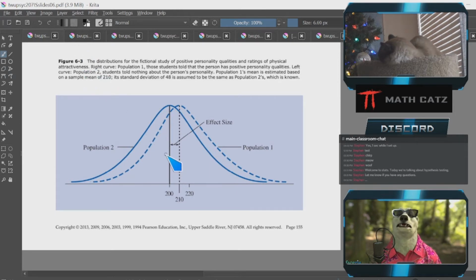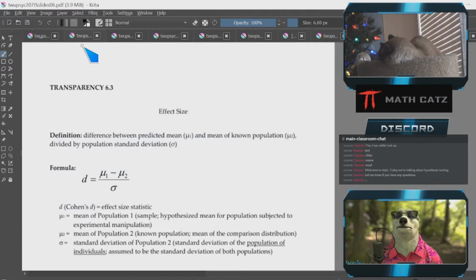Now, of course, we have to standardize this to not have the actual size of the raw scores in place so that we can compare them.